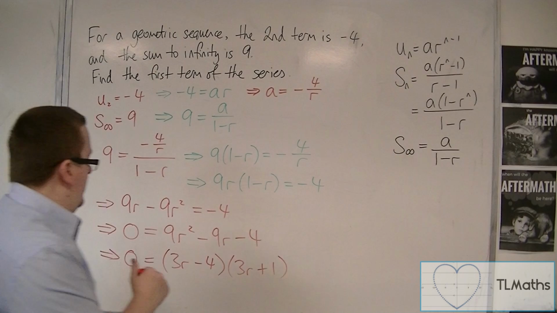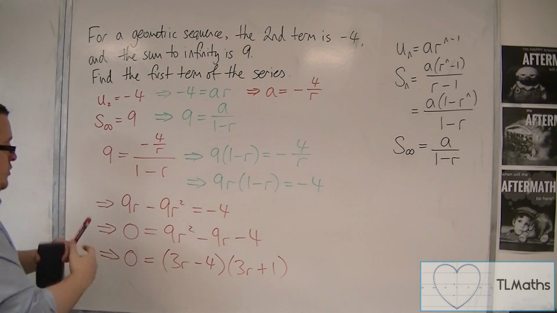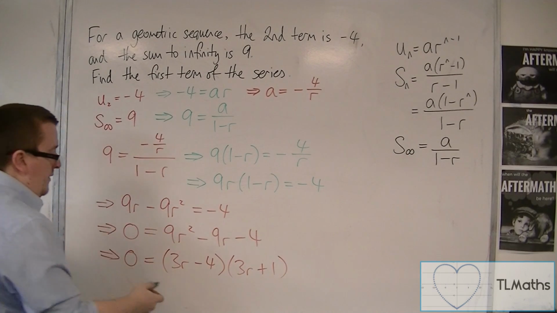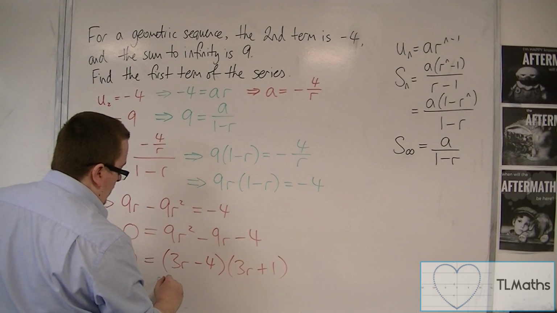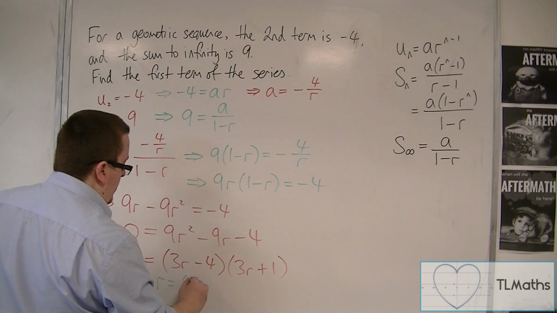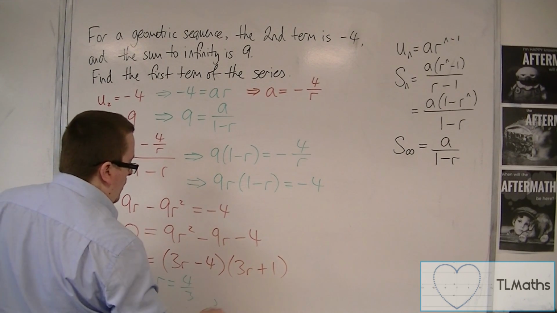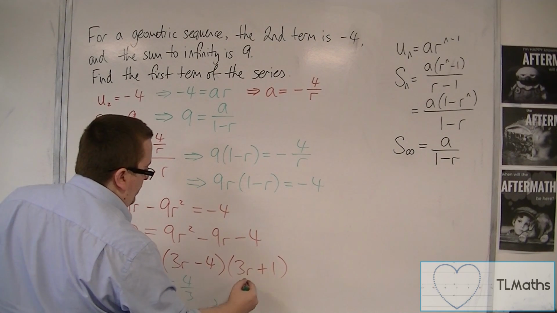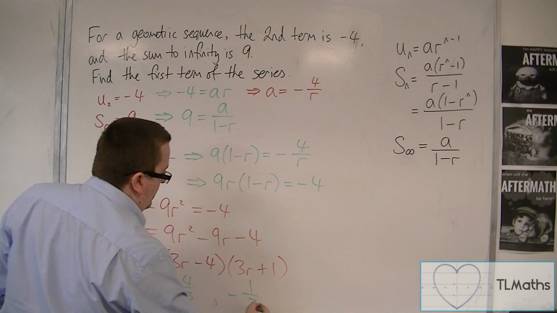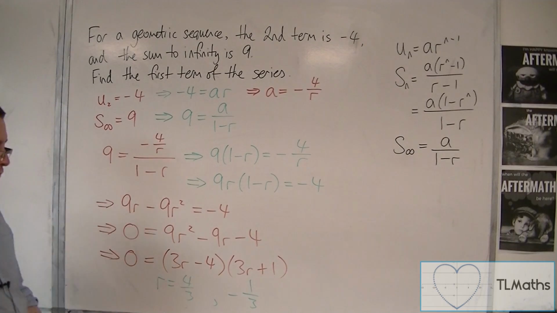Okay, so that is that quadratic factorised. So either R is equal to 4 over 3 from that bracket, or it's equal to -1/3 from that bracket.